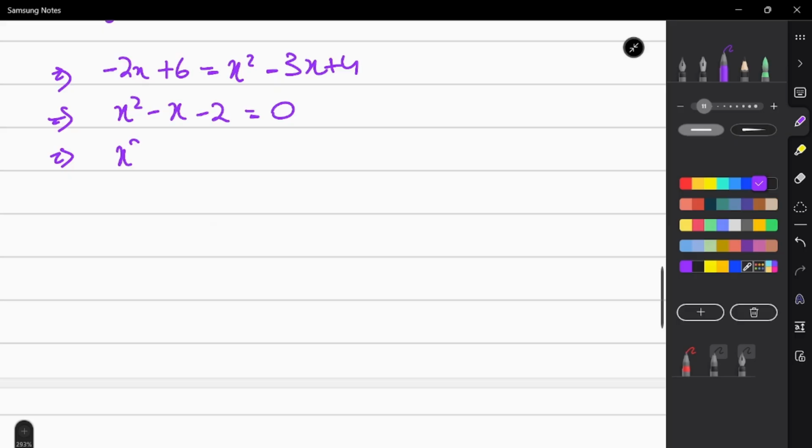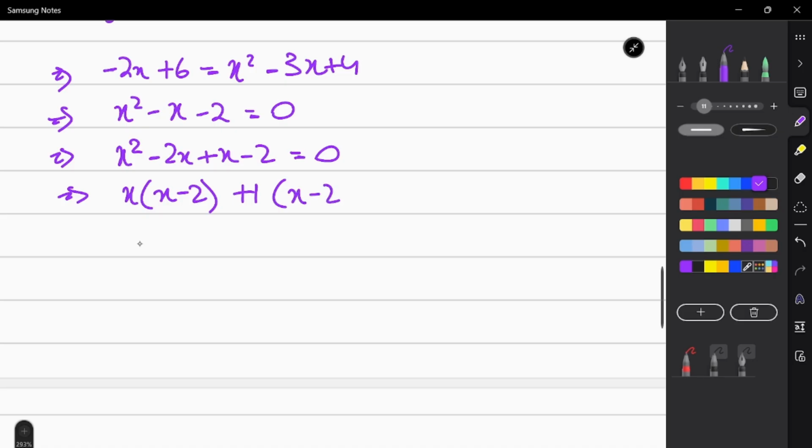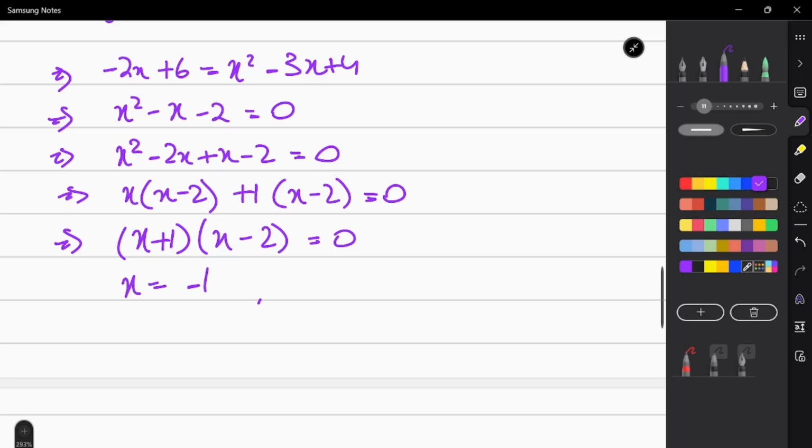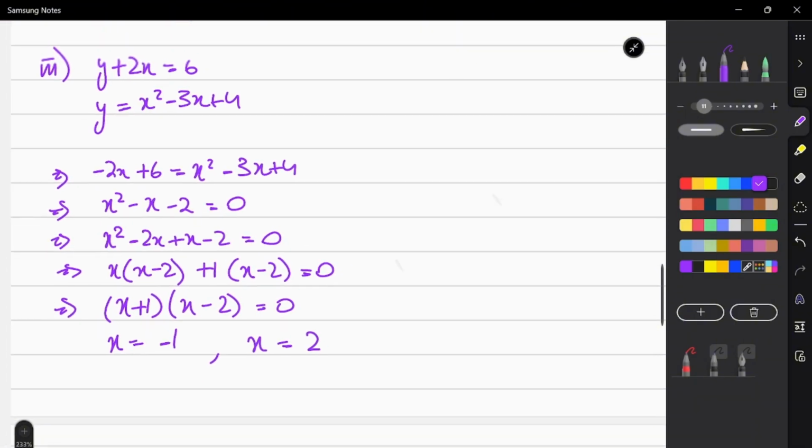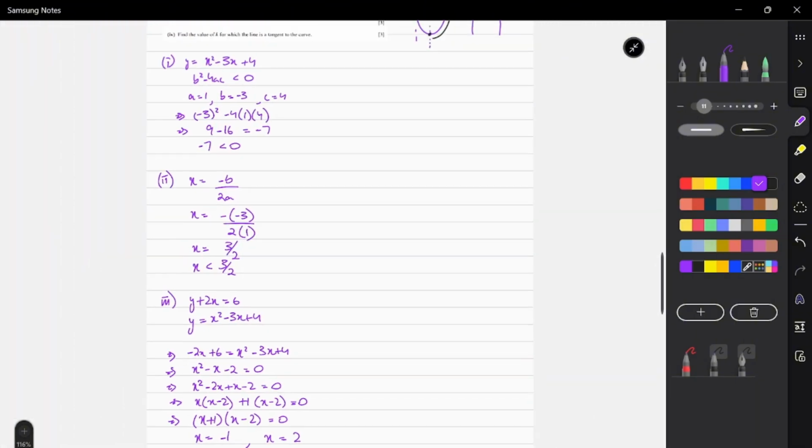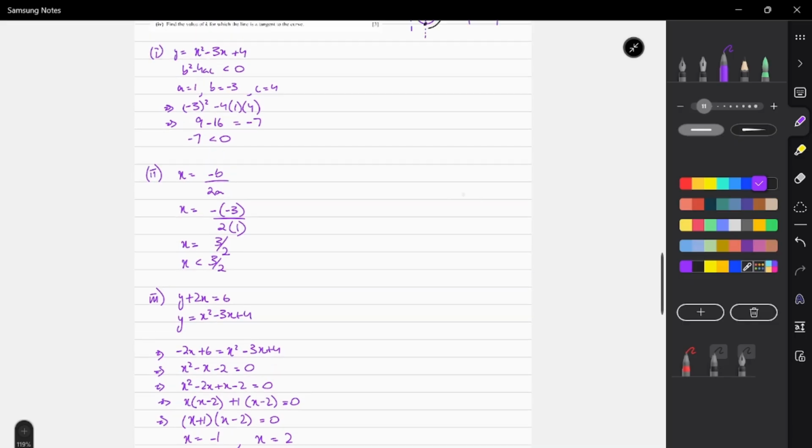Now I'm going to be using the numerator break. Here I have two factors. So x is going to be equal to minus 1 and x is going to be equal to 2. These are the x coordinates of the two points of intersection.